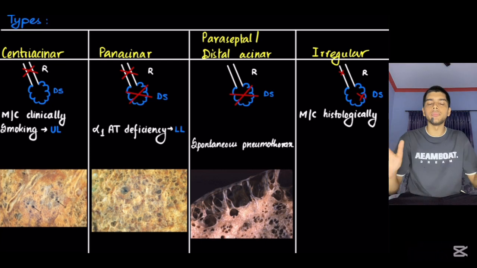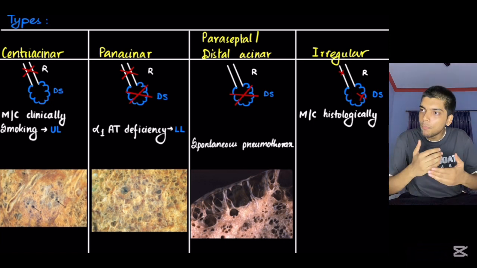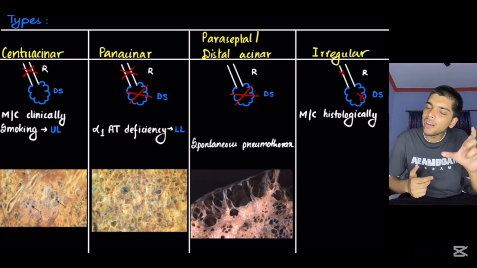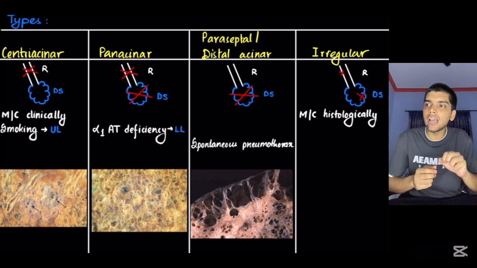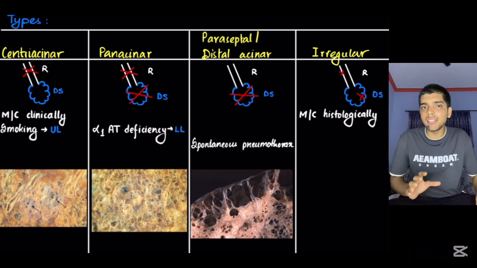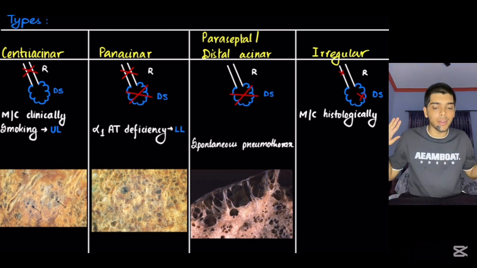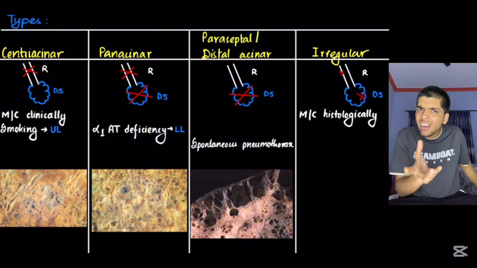Alright, one last revision. So centri-acinar, the central part of the respiratory bronchiole is affected, the duct and sac are spared. Pan-acinar, the complete acinus, that is respiratory bronchiole, alveolar duct and sac are affected. Distal acinar, that is the distal part of the acinus or the alveolar duct and sac are affected, the respiratory bronchiole is spared. Irregular, there is irregular involvement.